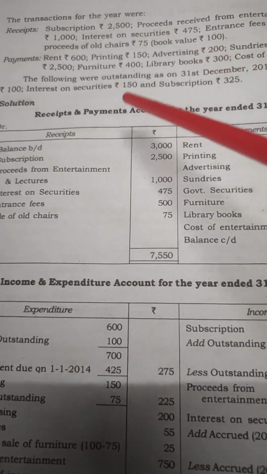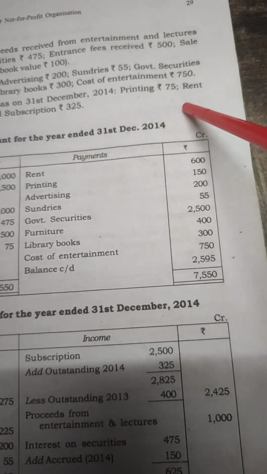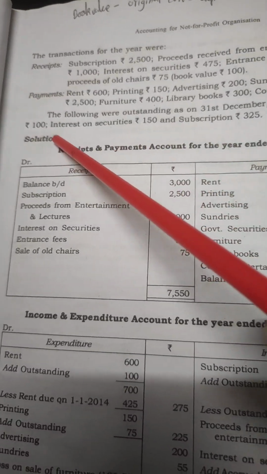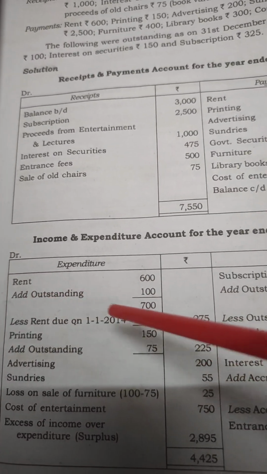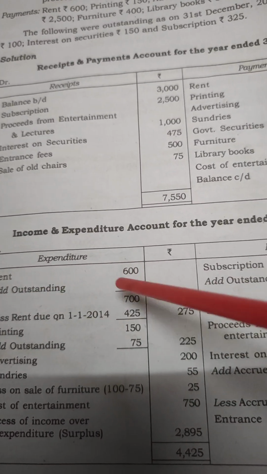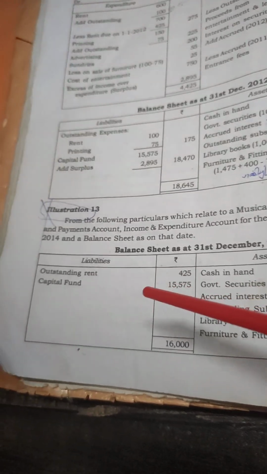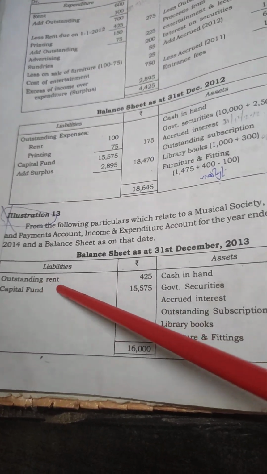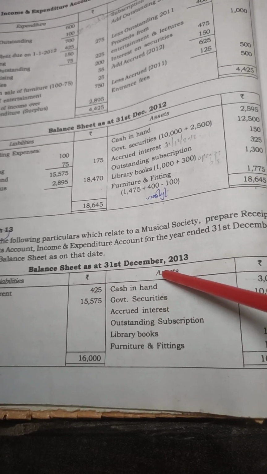Then check whether there are adjustments in the rent. By checking it, there is rent outstanding, 100 outstanding this year, so we have to add that. And check the previous year's balance sheet. There is also an outstanding rent, but that is related to the previous year.